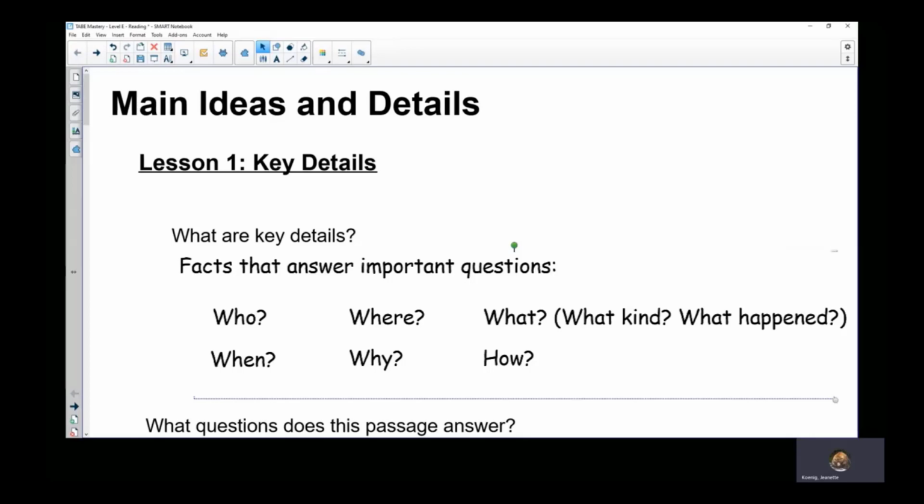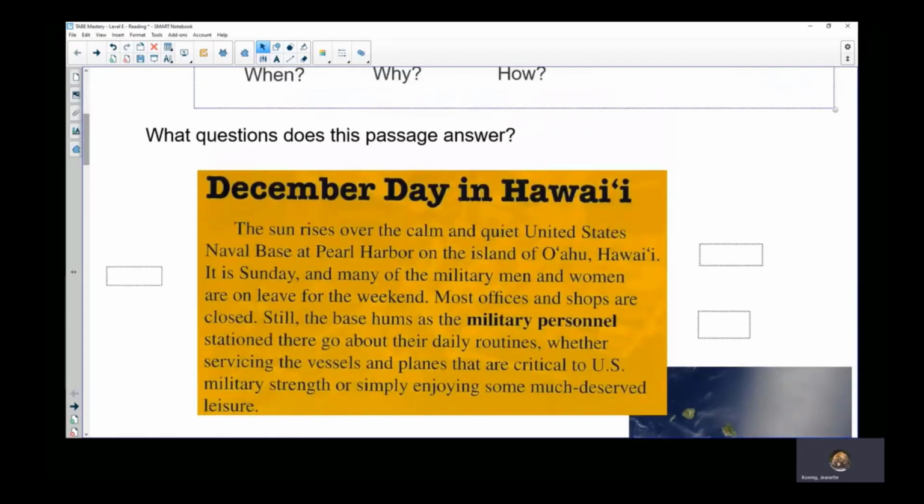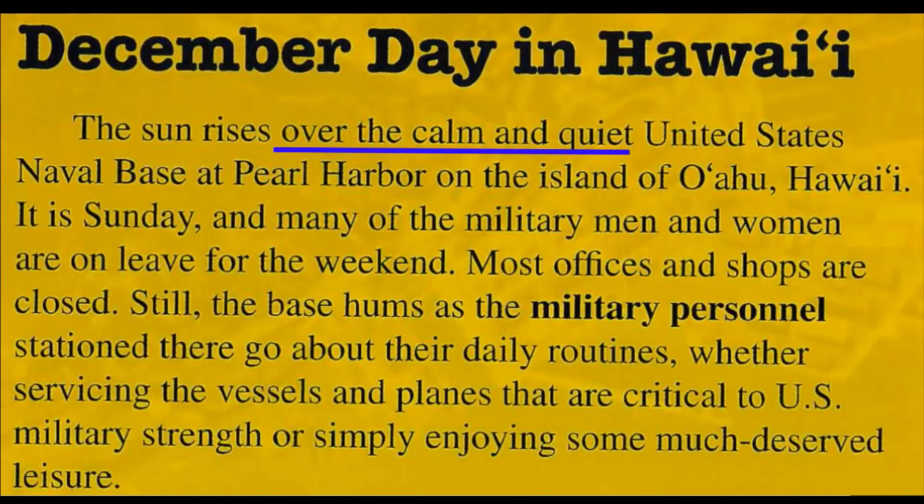Let's try an example. So let's look at the passage below and talk about what questions does this passage answer. So the title of the passage is December Day in Hawaii. The sun rises over the calm and quiet United States Naval Base at Pearl Harbor on the island of Oahu, Hawaii.